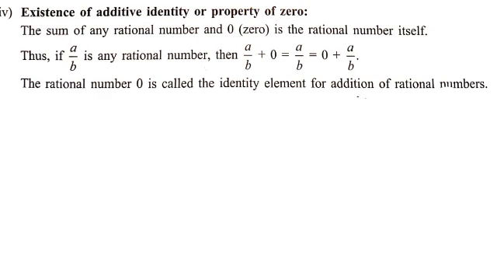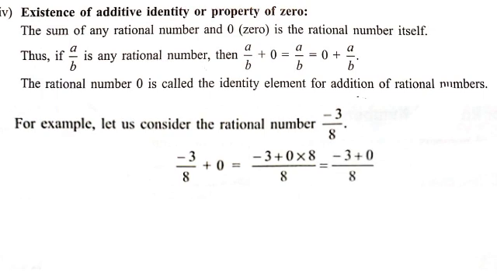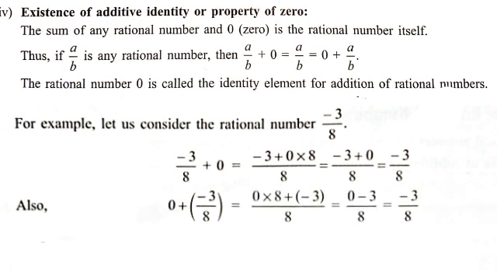For example, let us consider the rational number minus 3 by 8. Minus 3 by 8 plus 0 is equal to minus 3 plus 0 into 8 by 8, which is equal to minus 3 plus 0 by 8, which is equal to minus 3 by 8. Also, 0 plus minus 3 by 8 is equal to 0 into 8 plus minus 3 by 8, which is equal to 0 minus 3 by 8, which is equal to minus 3 by 8.